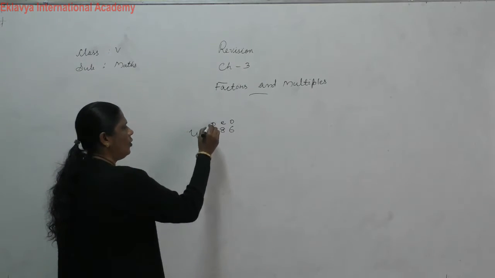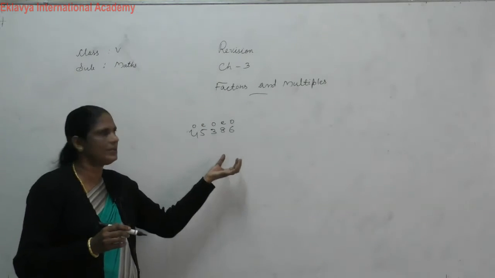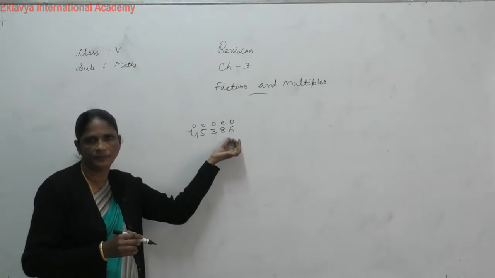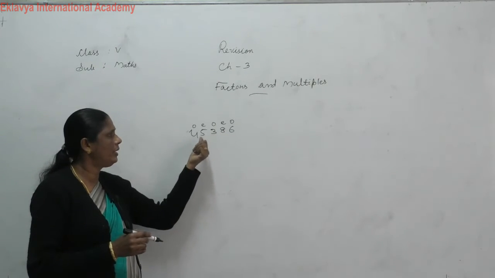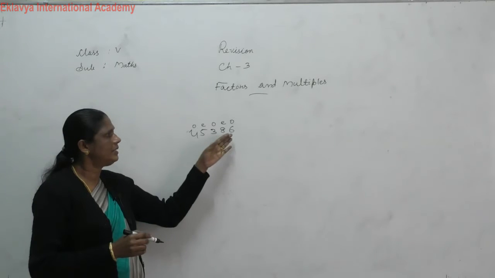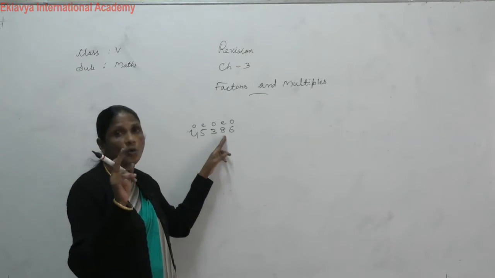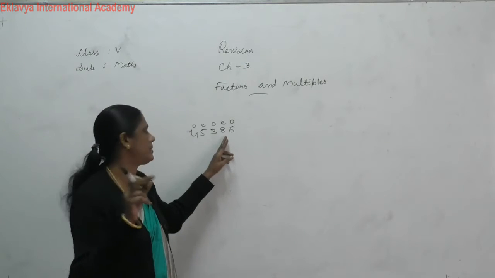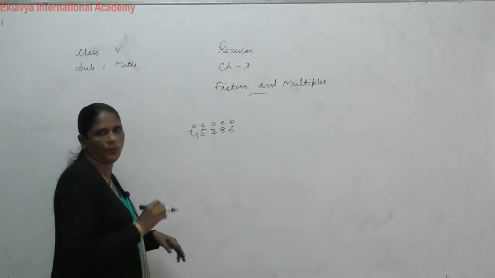You only arrange places, not digits. Here the digit 6 is an even number, but you only arrange in place. Here: odd, even, odd. Okay.